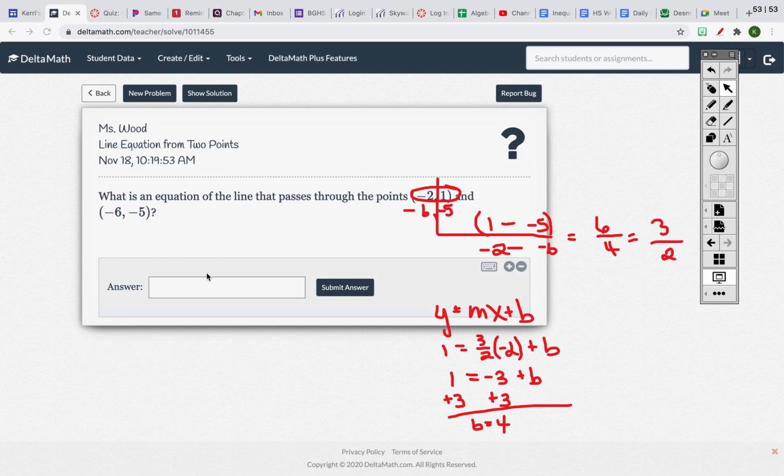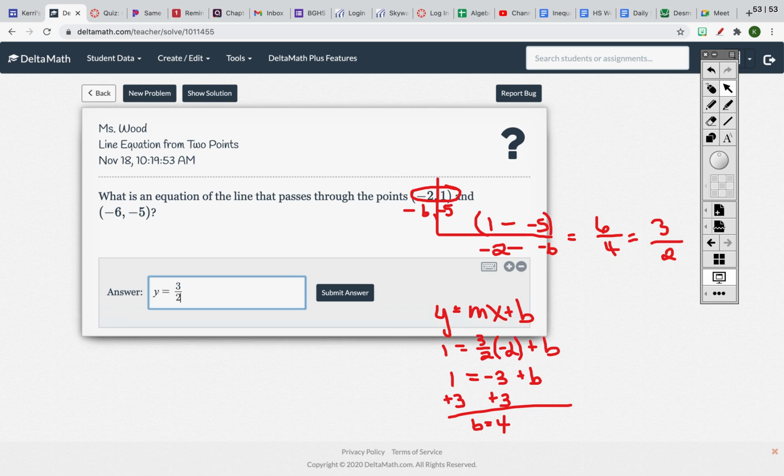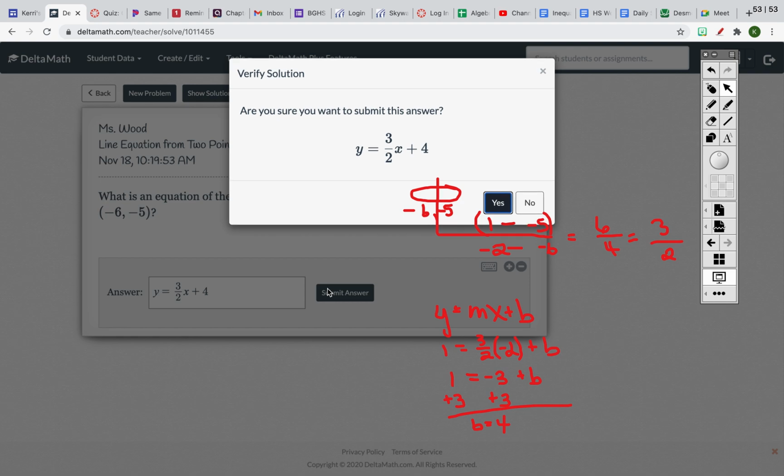So the last step is to write the equation. y equals 3/2 x plus 4. Now, what happens if I get a question where it has a slope of 0 or an undefined slope?